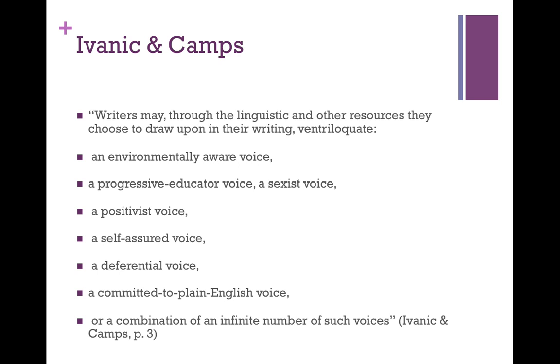We borrow it from other people. So, like an environmentally aware voice, imagine someone who's writing like that. Or the progressive educator type voice, a sexist voice, a positivist voice, a self-assured voice. All these different types of voices can come through in our writing, and many more, obviously, or combinations of these.